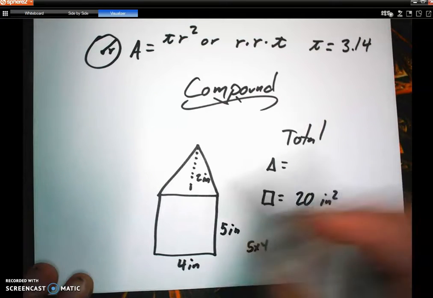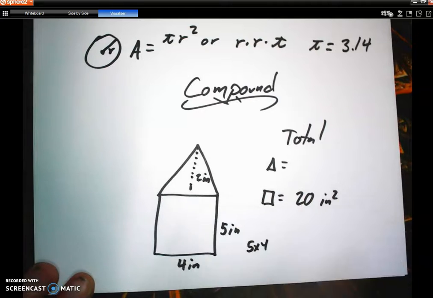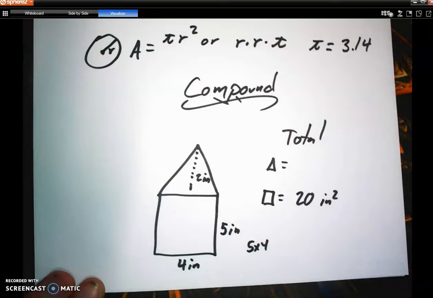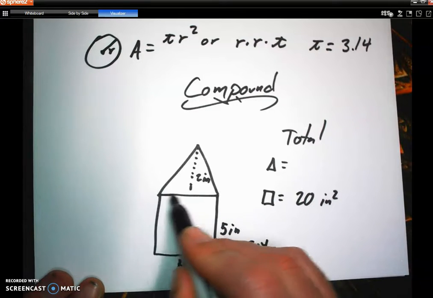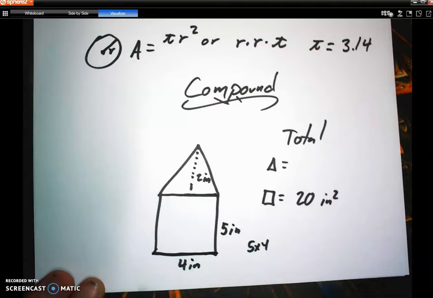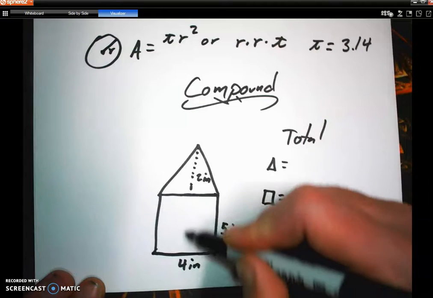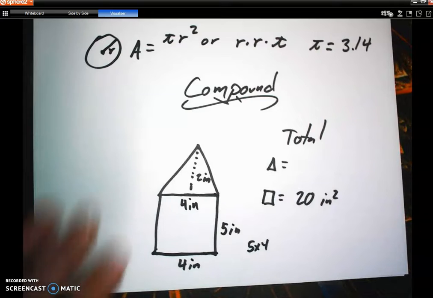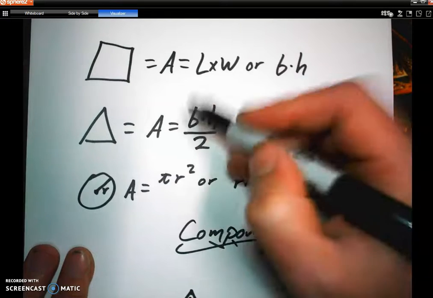Now the triangle is base times height divided by 2. What you have to do with these is use all the other sides to figure out missing lengths. For example, I don't know what this length is, but if I go across it, I know this length is 4 inches. So that then falls onto there also being 4 inches. And remember, the area of a triangle is base times height divided by 2.